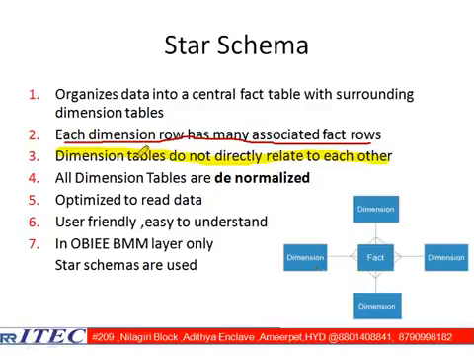Right. That's what we are saying: dimension tables do not directly relate to each other. This is one of the important properties, sir. Please remember, in the star schema, we won't have a direct join between dimension tables. Next one: all dimension tables are what, sir? Denormalized tables. Why are you using denormalized tables? Because denormalized tables are optimized to what, sir?